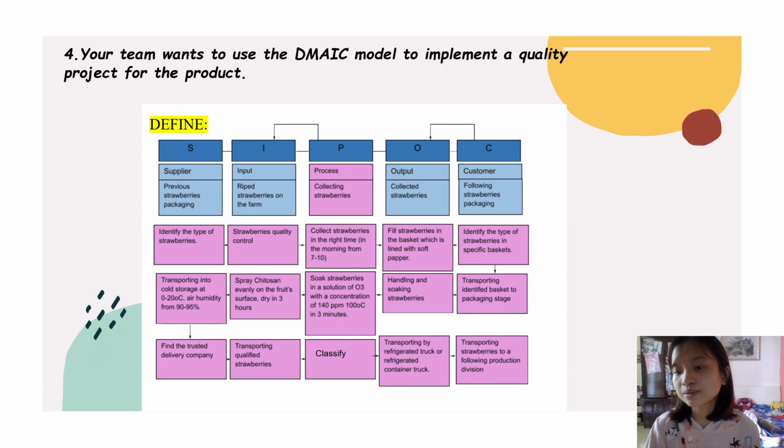The goal of this project is to decrease unsuccessful delivery from 50% to below 20% and reduce cost by 50%. The process time is between 4 to 5 months. So we have this SIPOC table to show the process.